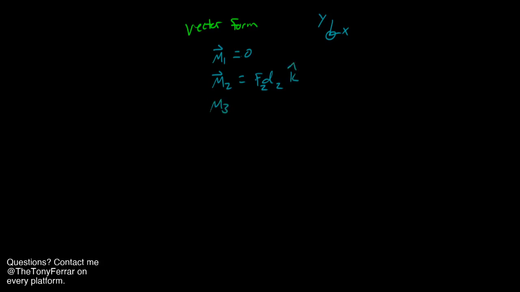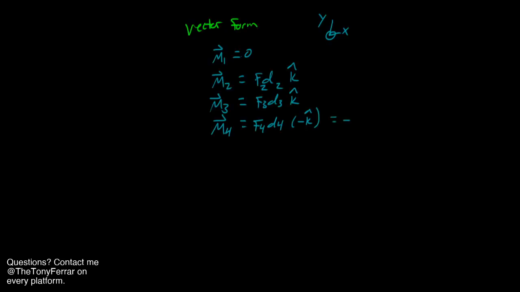M3 will be something like F3 D3 times K hat. And M4 is going to be F4 D4 times negative K hat, because it's rotating in the other direction.